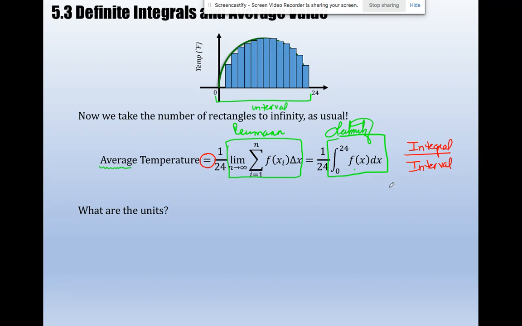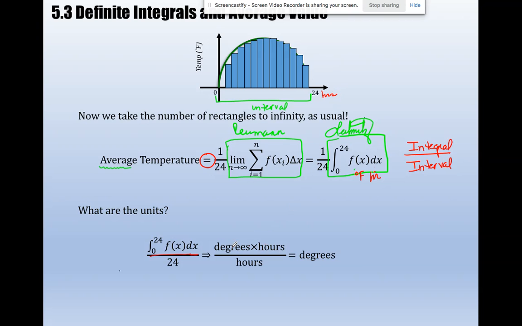Whoa. Now think about the units. Remember we had those weird units? We understand that the function units are in degrees. The dx units are in hours. So the numerator is degrees times hours, but look at the denominator. You're dividing by this interval. Where is that interval? The interval is on the x-axis. Those units are hours.